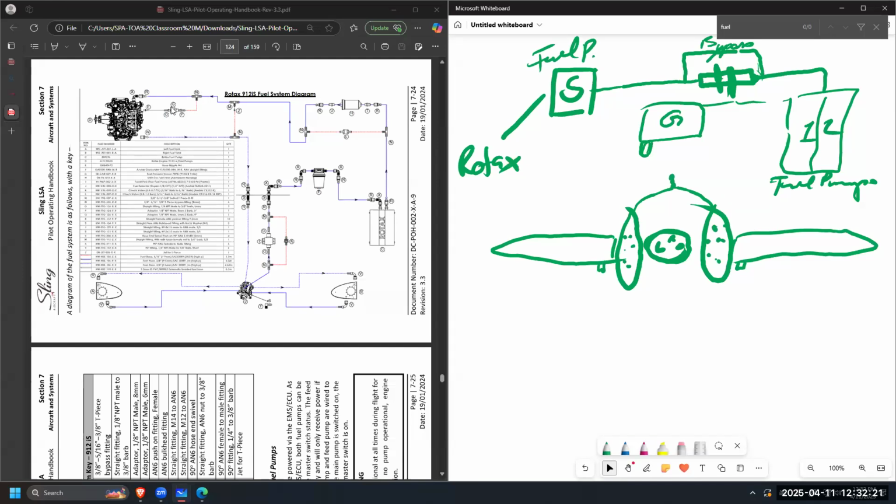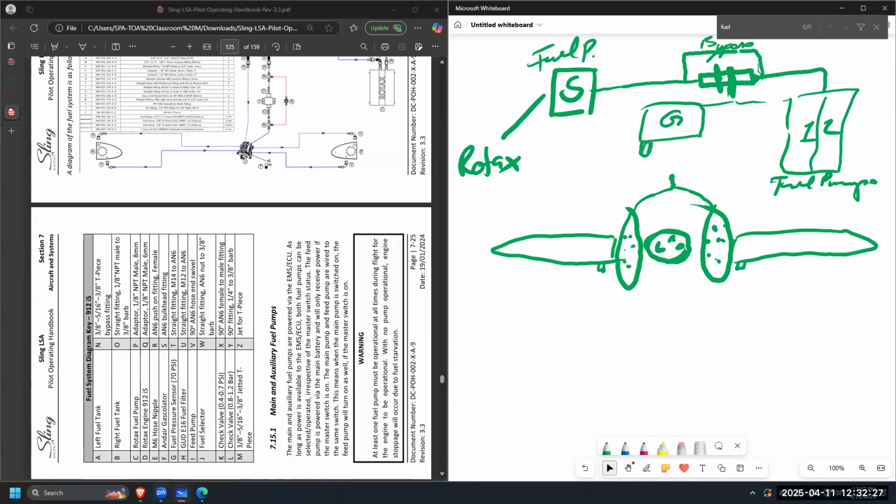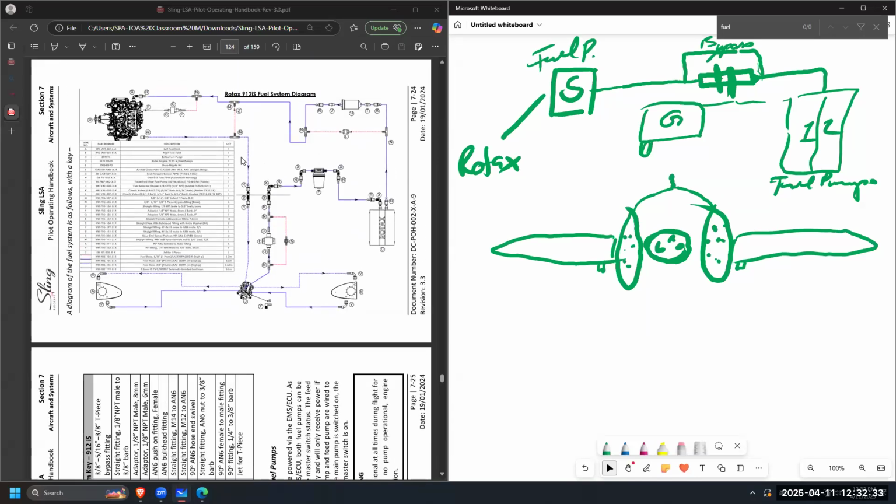Everybody see this part right here? It's marked as G, G as in golf. Fuel pressure sensor, you see it? And then finally, it's in your engine. How much fuel runs through your line? 20 gallons per hour. And why is that?